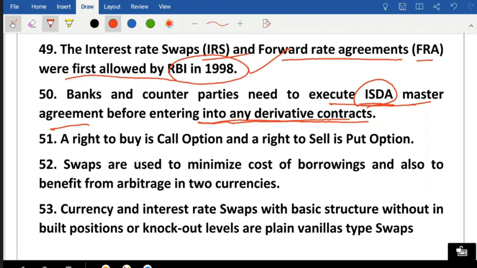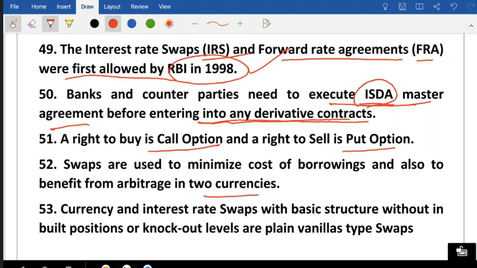A right to buy is a call option and a right to sell is a put option. Call means you are calling, so you are buying, and sell means you are putting the option. Swaps are used to minimize cost of borrowing and also to benefit from arbitrage in two currencies.